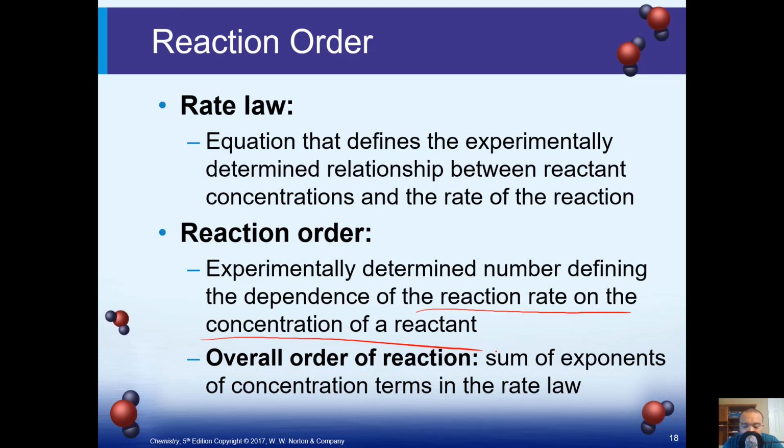We can summarize the relationship between the reaction rates and the concentrations of reactants using the so-called rate law, which is a mathematical relationship that defines the experimentally observed relationship between the rates and the concentrations.